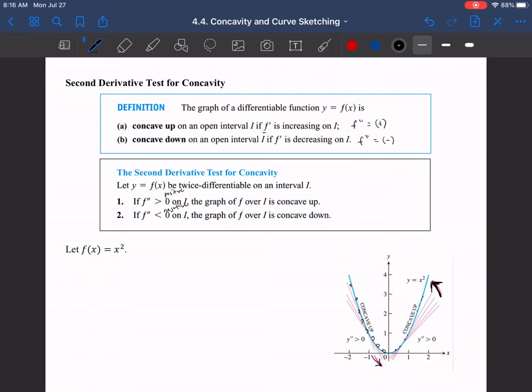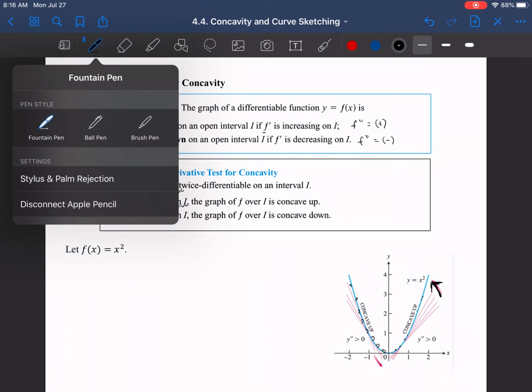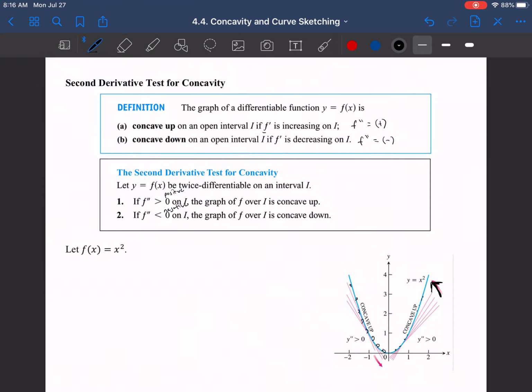So if we look at this graph right here, you can see that as you move along these little points, the slope is always rotating counterclockwise. I started with this slope up here, and then I went to this one.